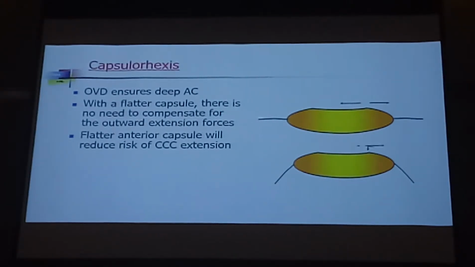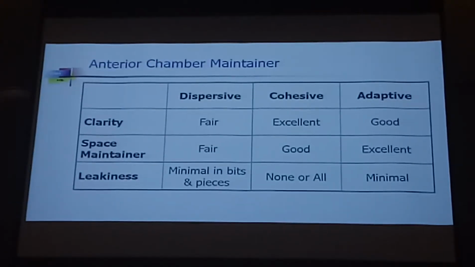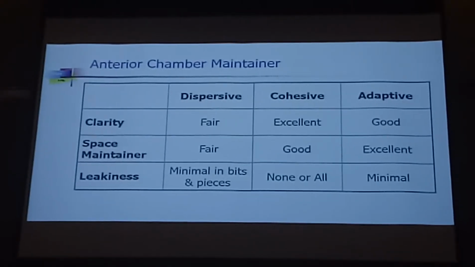So you want to use viscoelastic to make sure that the iris-capsule diaphragm is almost planar. Most of the time when you make the incision, the anterior chamber shallows a little bit, so the OVD will have to depress that a little bit. So for anterior chamber maintaining, of course, the cohesive is probably the best.